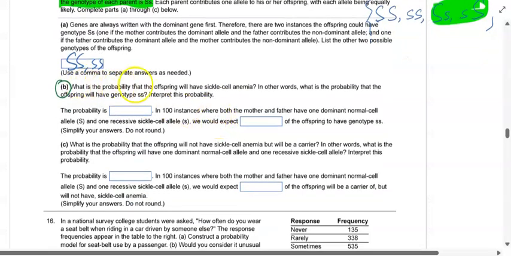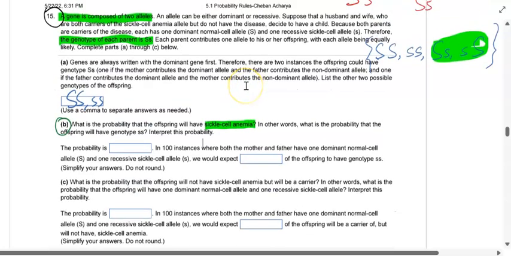Part B of the problem. What is the probability that the offspring will have sickle cell anemia? Notice that if the person has genotype ss, that person has sickle cell anemia, because remember that lowercase s is the recessive sickle cell allele.